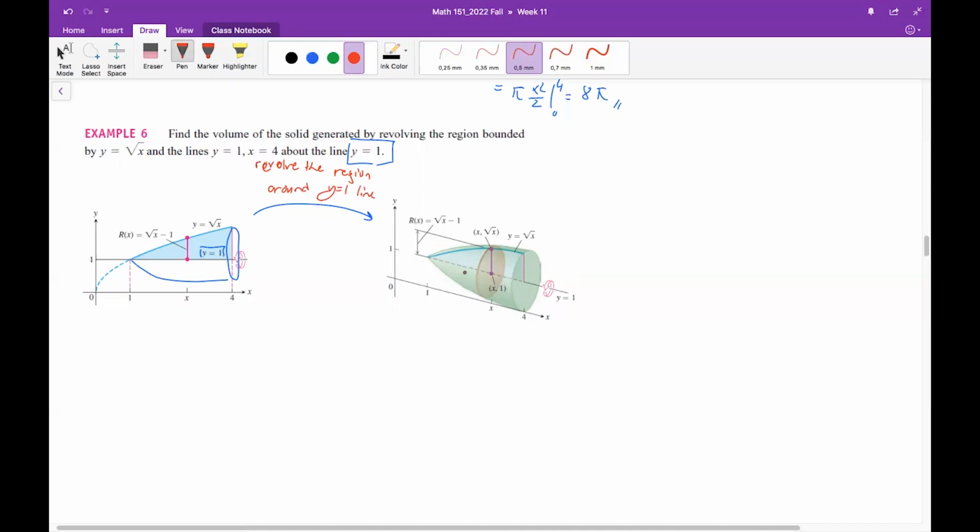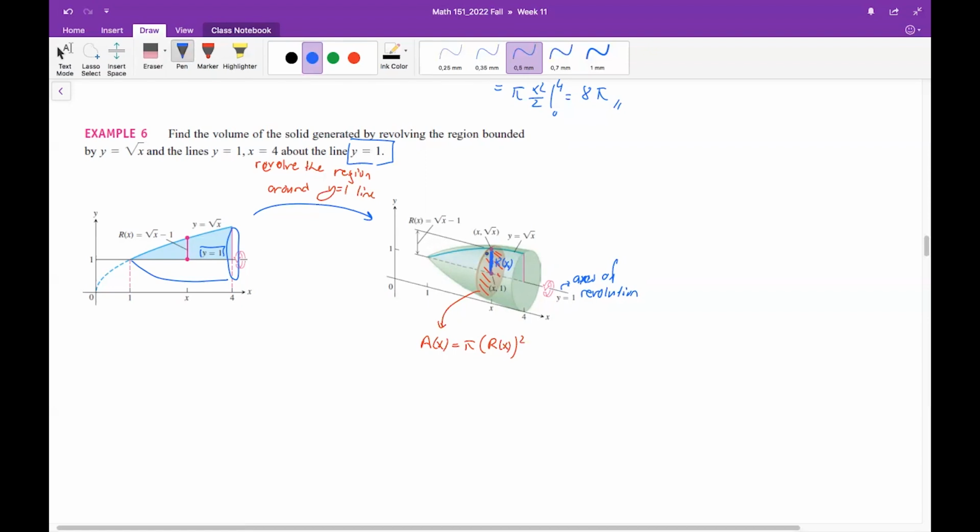Okay, now we want to compute the volume by using this method. That's why we will be integrating the areas of these disk cross sections. Let's try to express the area in terms of x. Okay, let's concentrate on the radius. This is the axis of revolution for us, and that's why this part is our radius now, r of x. And we want to compute this length.